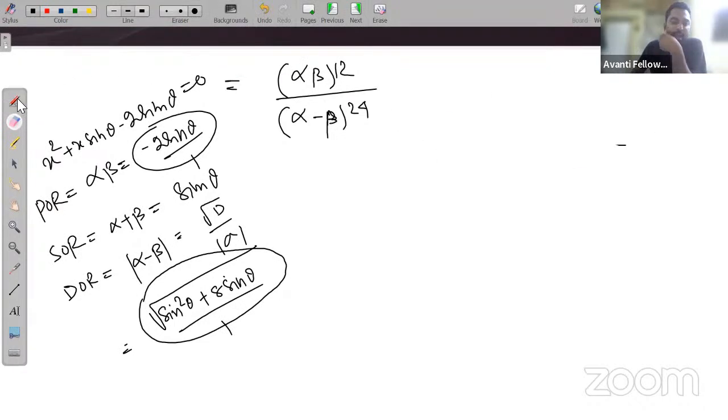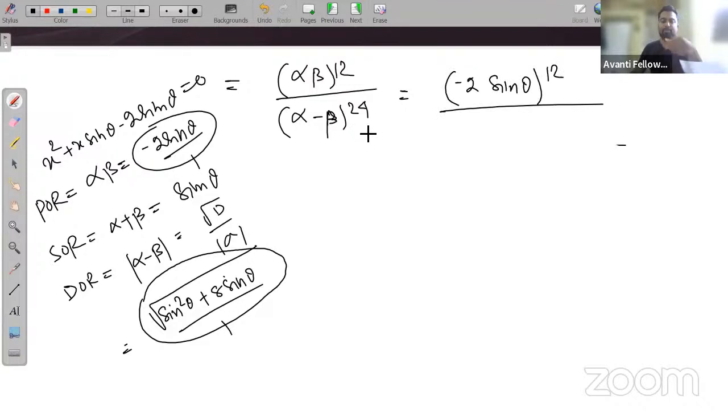So you need to find now alpha into beta to the power 12 upon alpha minus beta to the power 24. That is alpha into beta we got, that is minus 2 into sine theta whole to the power 12, upon sine square theta plus 8 sine theta, to the power 1 by 2, whole to the power 24, right?